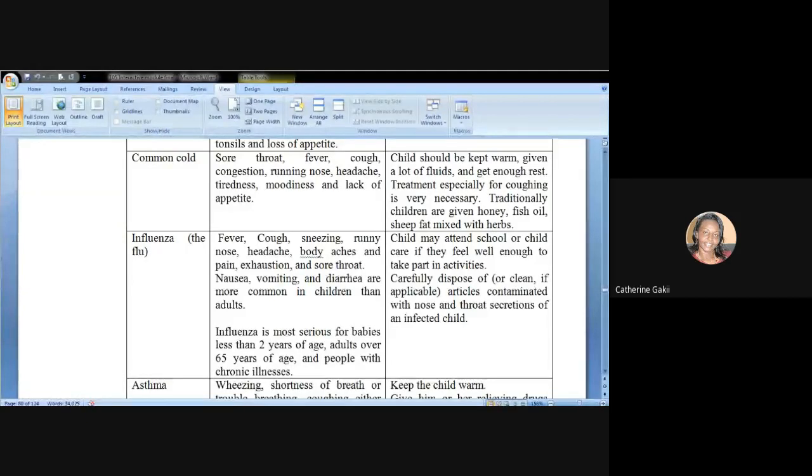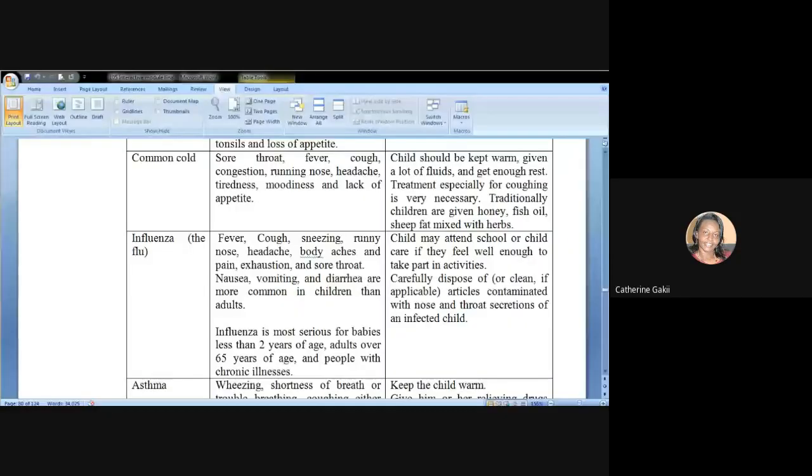So that is it on the common cold. If the cold is just starting and mild, you can treat at home, because we say 7 days.